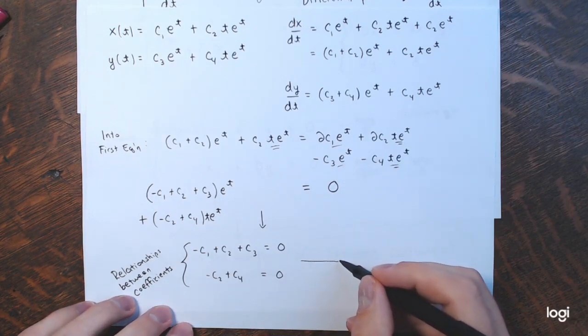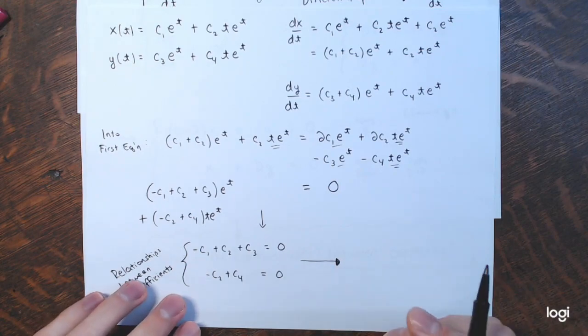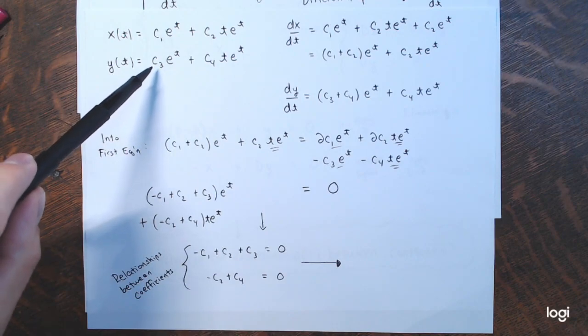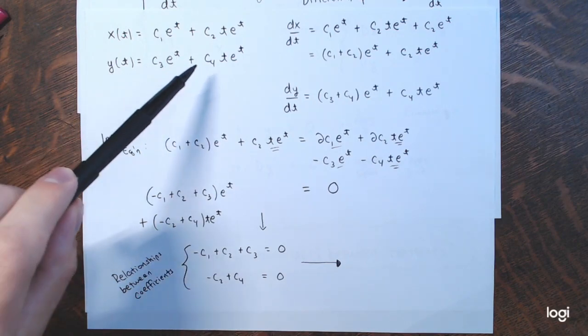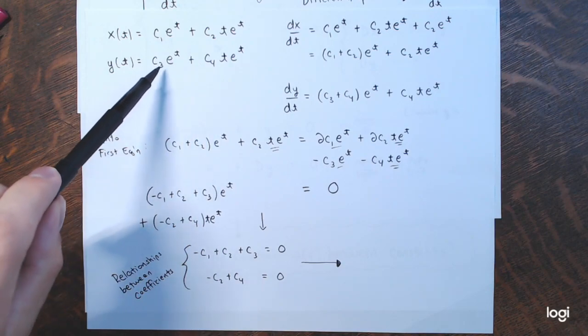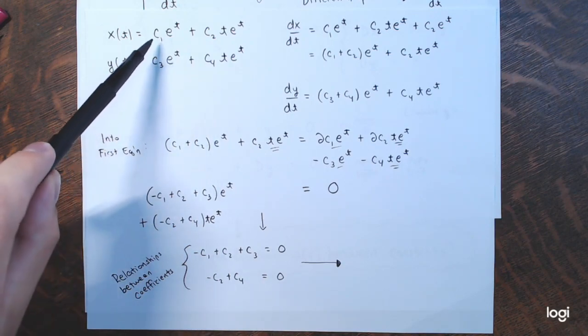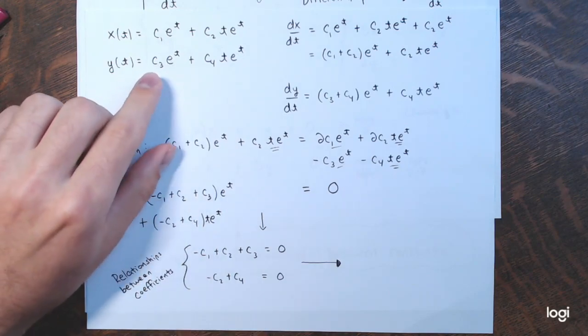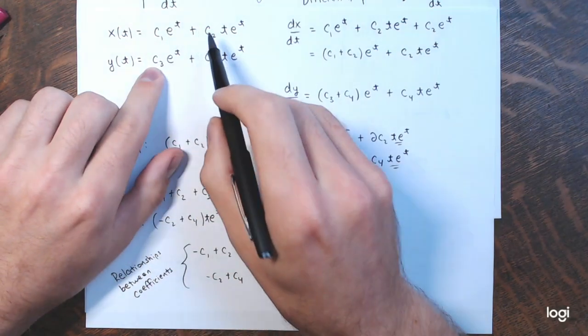And so very often what you'll see when writing the general solution to the system is we'll try to express the coefficients of one function, say y, in terms of the coefficients of the other. So can I get C3 in terms of C1 and C2?